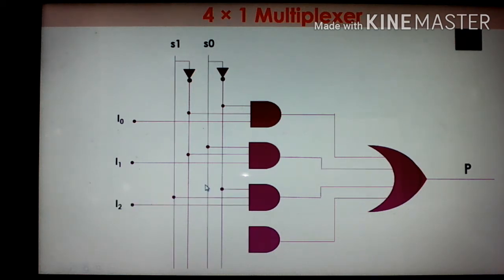In the next step we are connecting the AND gate as 1 0, and this is the I2 input line. The last one is I3, that is 1 1. So this is the 4 into 1 multiplexer. Thus we got the 4 into 1 multiplexer.